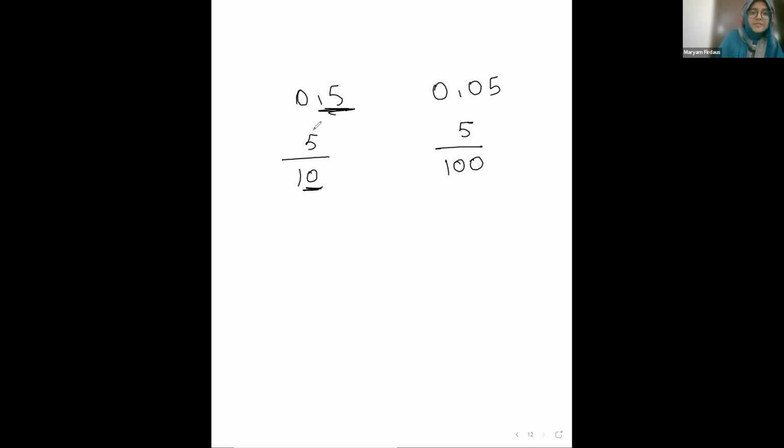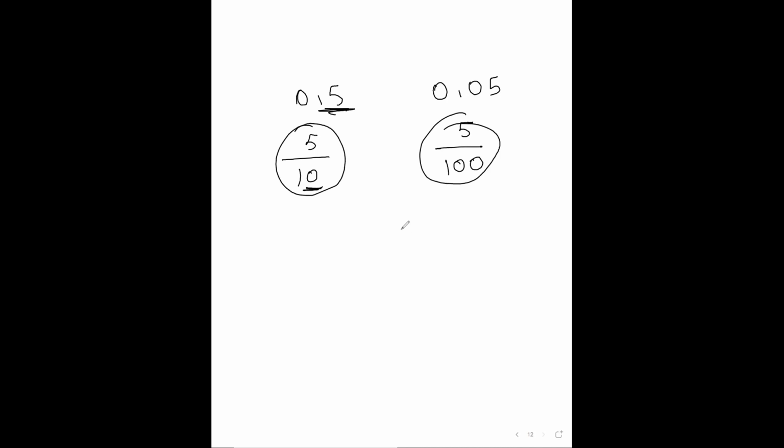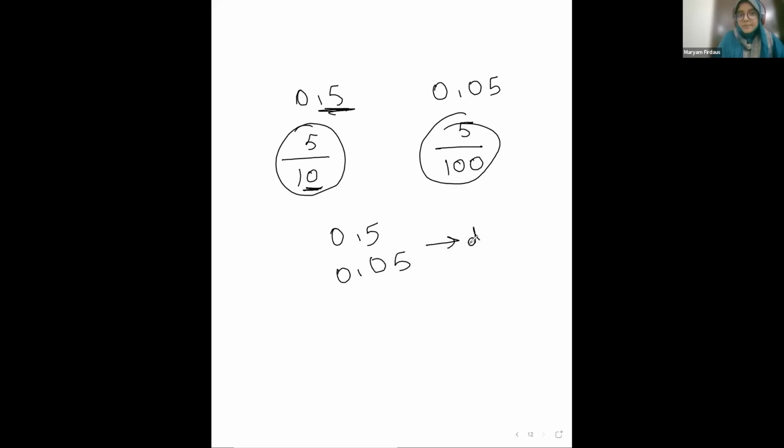Now can you tell me 5 by 10 and 5 by 100, are they the same thing or not? They're different, right? Yeah. So that's why 0.5 and 0.05 are different.